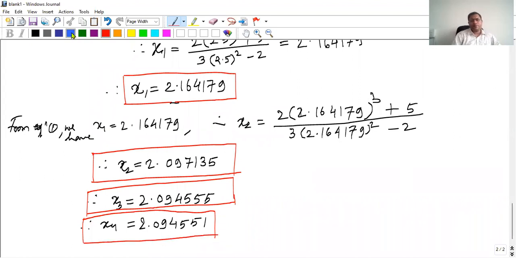So now you can see the 4 digits we wanted to match. We have to go to the accuracy up to 4 digits, so you can see the digits after the decimal point. In fact, we matched 5 digits, but the accuracy required is 4 digits, and that's why I asked you to write 2 more digits.